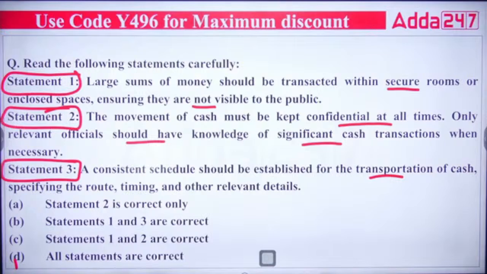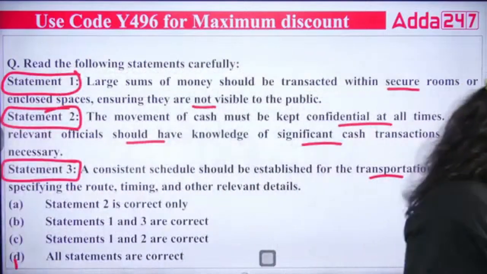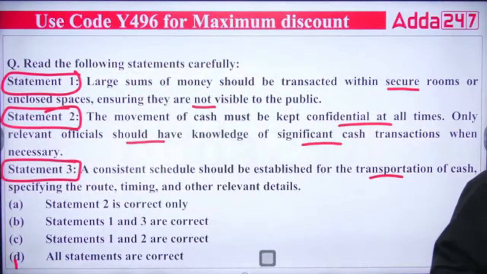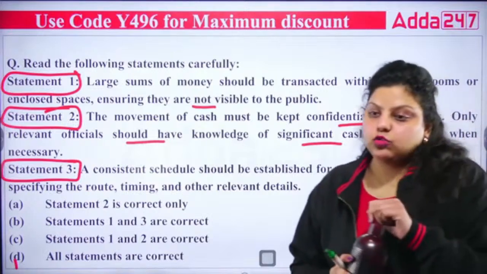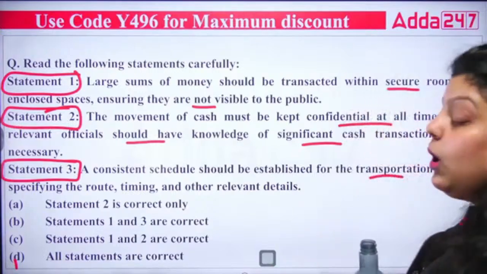Which of the following statements is correct, that you have to answer? A, B, C, or D? The first option says statement 2 is correct only. The second says statements 1 and 3 are correct. The third says statements 1 and 2 are correct. The fourth says all are correct statements.